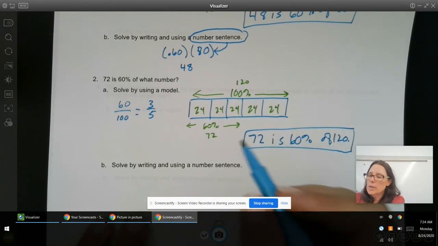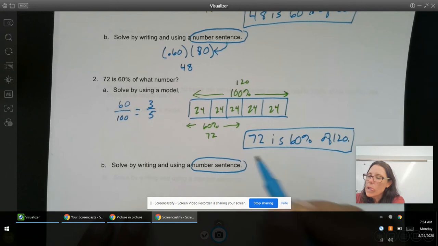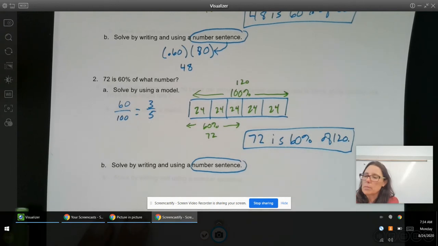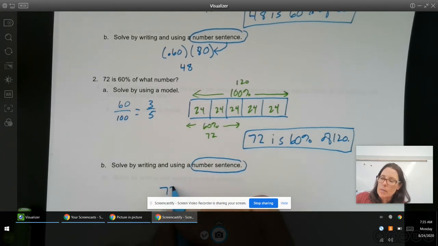Okay, now number sentence. Okay, you probably, before we even started these a couple lessons ago, you probably knew how to get the answer of 120 by doing a little mathematical calculation. Okay, that mathematical calculation, you take that 72 part and you divide it by the percent.